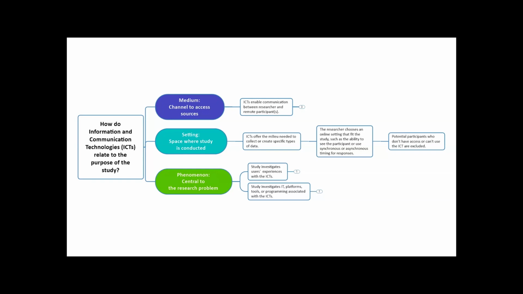Now, another way to think about the online setting is, where is it that people are talking about the topic I'm interested in? Is there a discussion group within a social media platform?